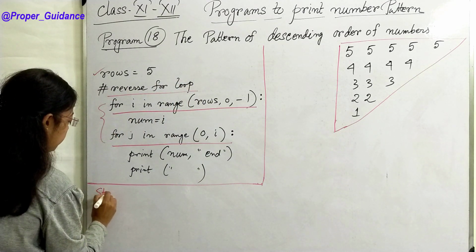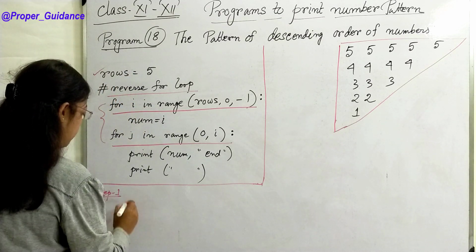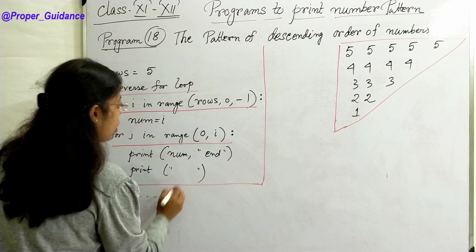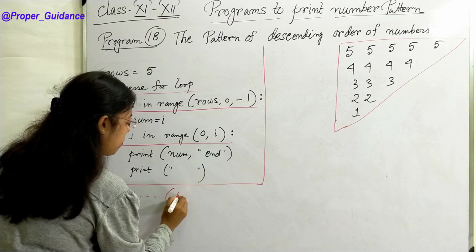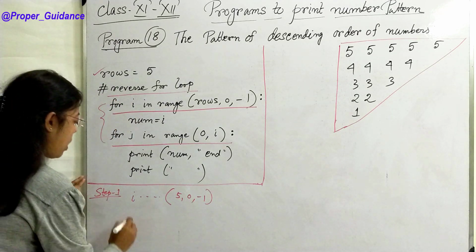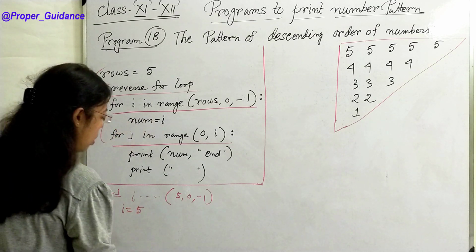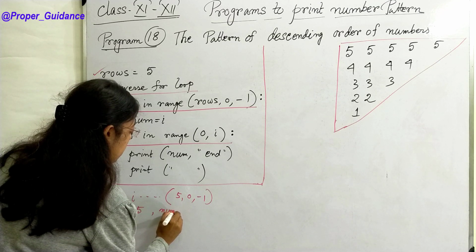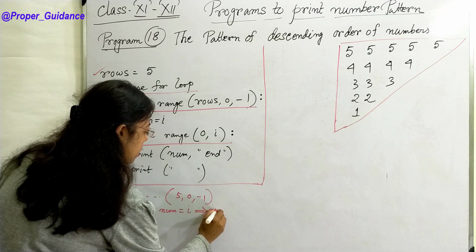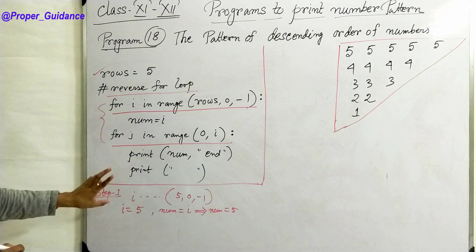Step 1: for i in range. What is the range of i here? Rows equals 5, so range 5, 0, -1. That means the first value of i will be 5, and num equals i, so num equals 5.